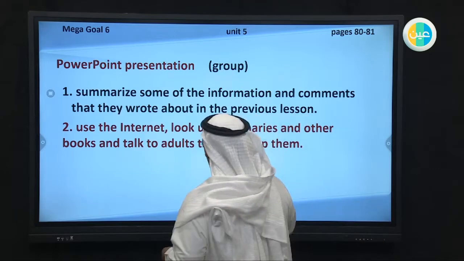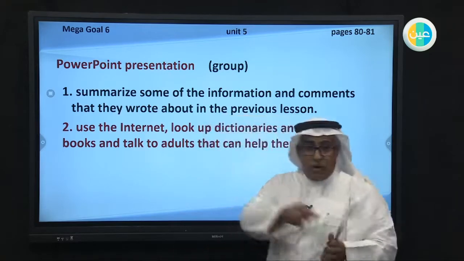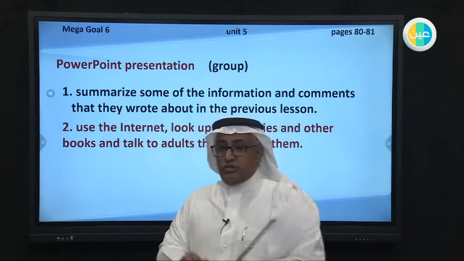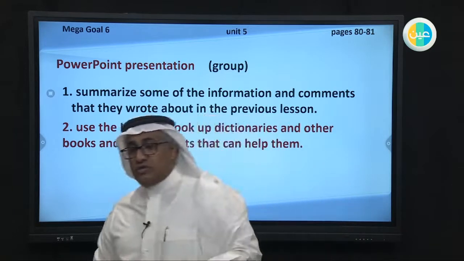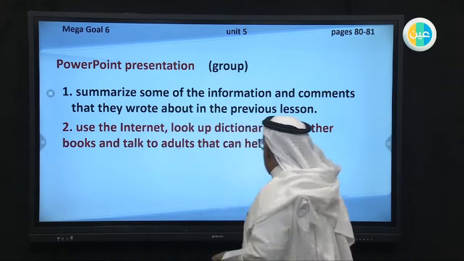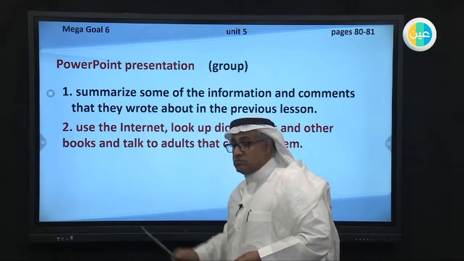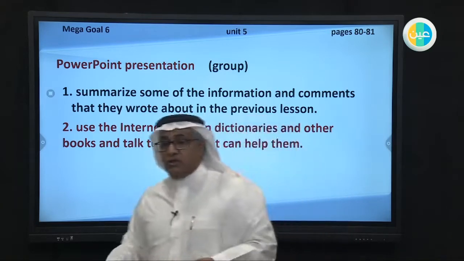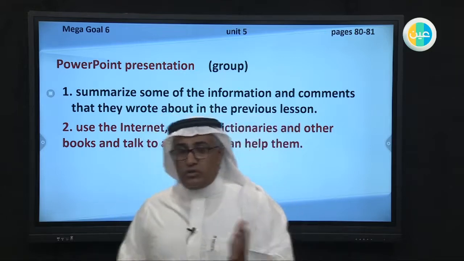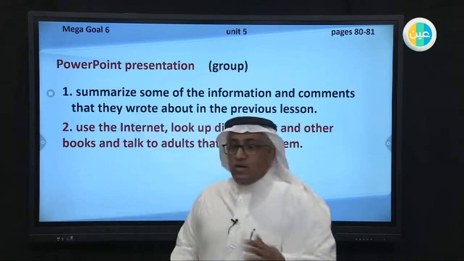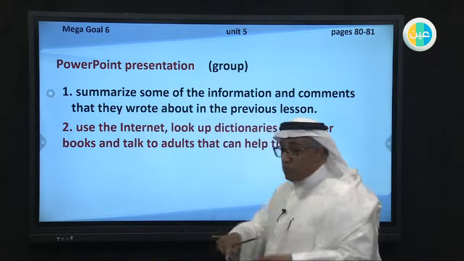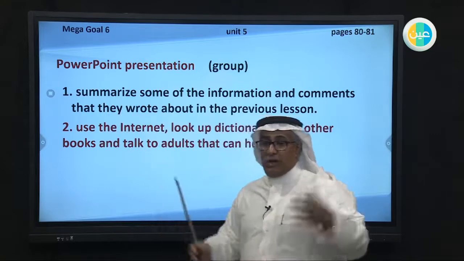Look up dictionaries, and you can open your dictionaries like Oxford dictionaries and other books. Try to find other books which are related to grammar, to speaking, to writing, in order to collect information about both languages, Arabic and English.